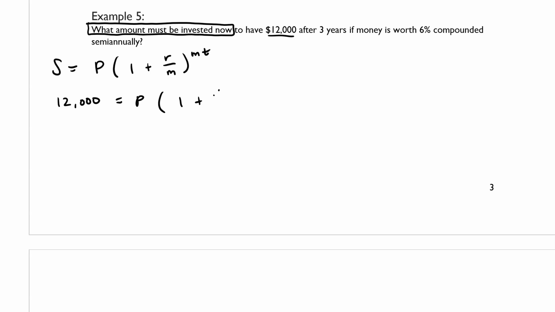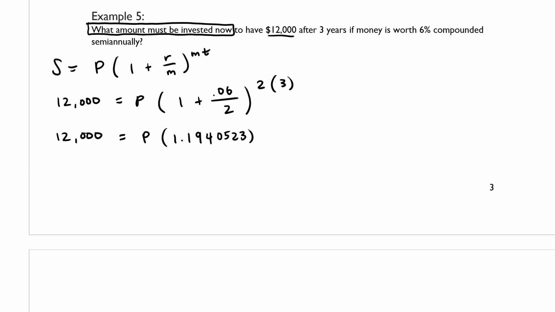Our interest rate is 0.06 or 6%, and we are compounding semi-annually, which means 2 times a year, and the number of years is 3. So we have 12,000 equals P times, I'm going to plug that quantity into my calculator.